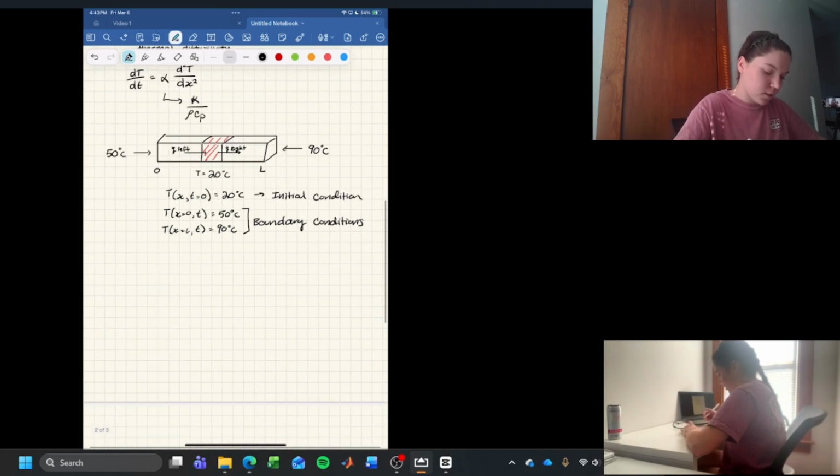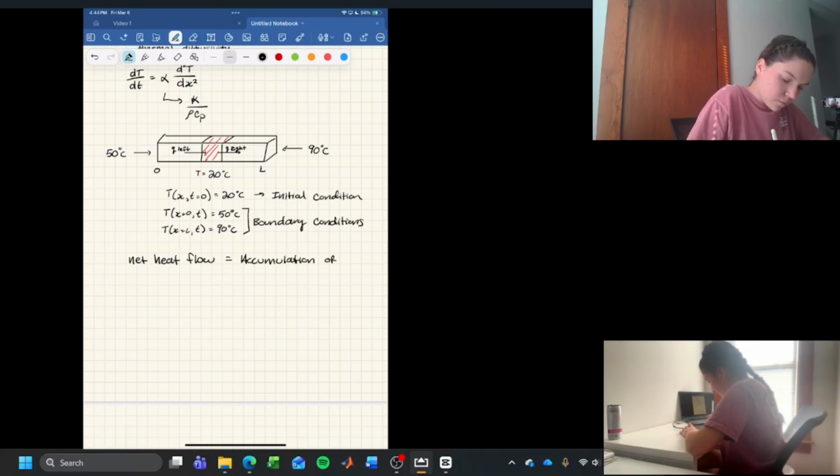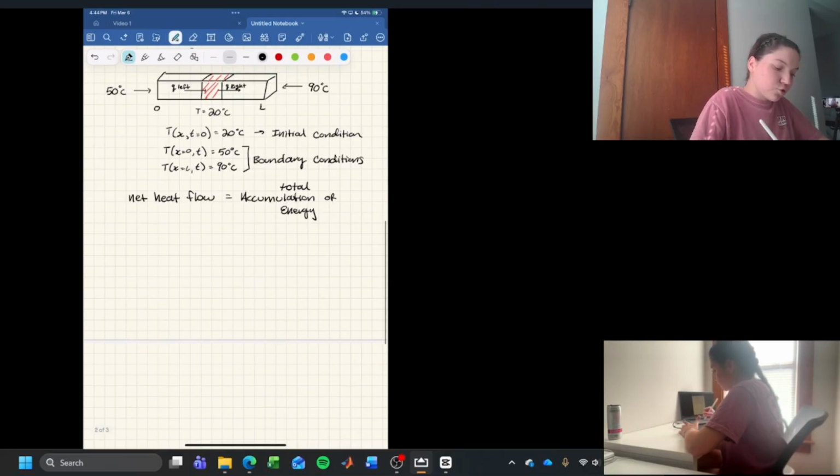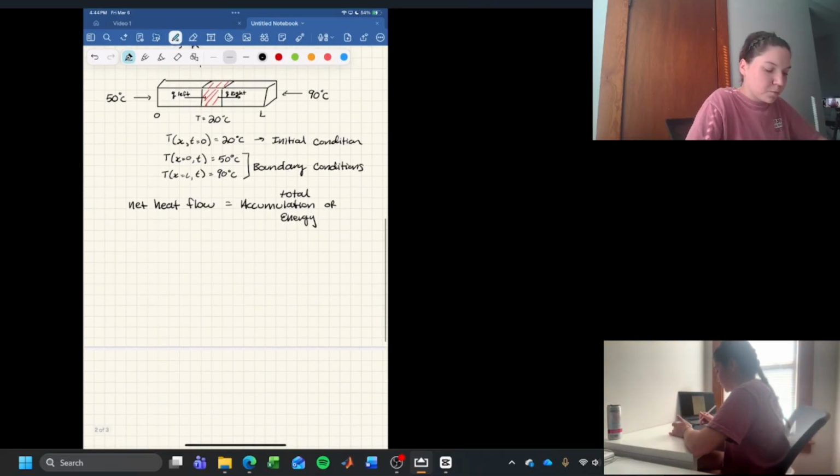So we can say that it's the net heat flow. And that's going to equal the accumulation of energy. Or rather, the total accumulation of energy.